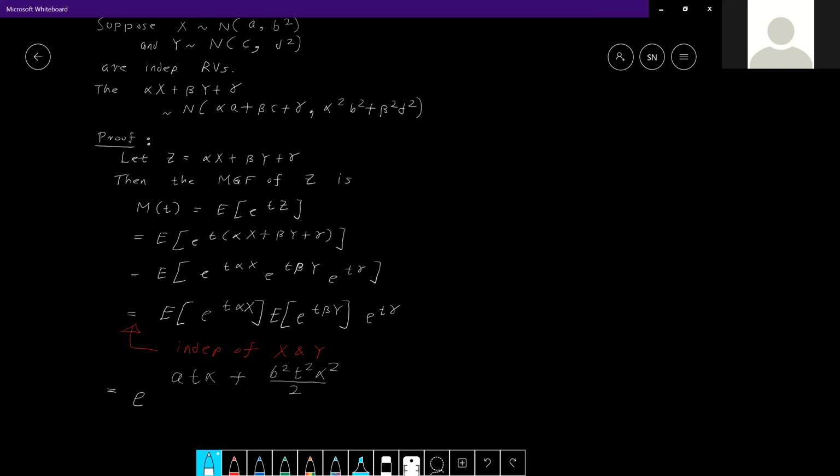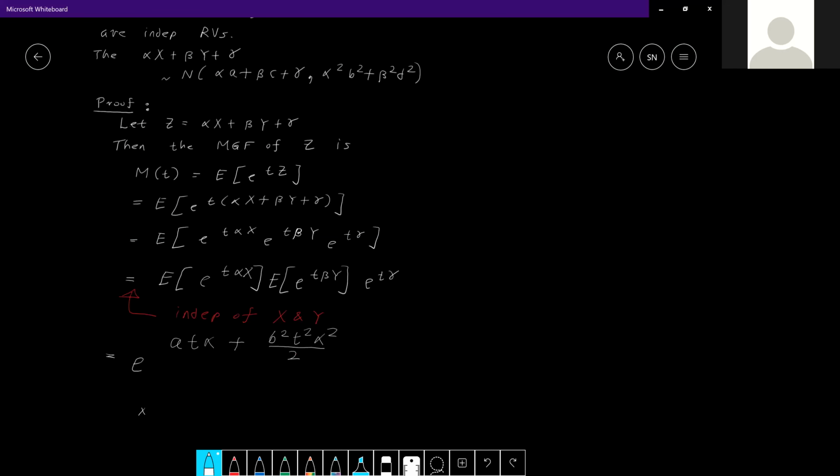That's the first thing. Similarly, the second term, the expectation of e to the t beta Y, is b t beta plus d squared t squared beta squared divided by 2.